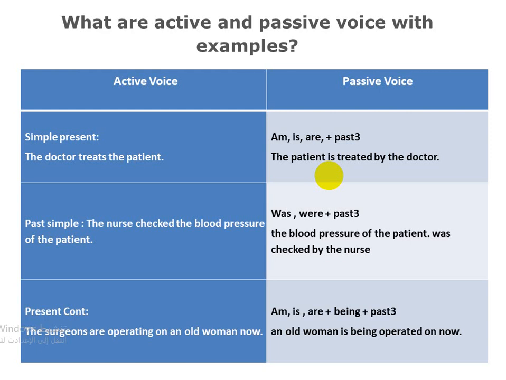So the rule is is/are plus being plus past participle, verb 3. We have to begin with a capital letter. We are going to begin with the object.